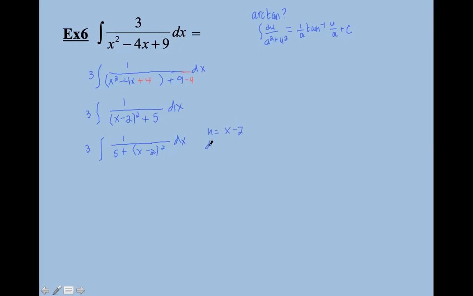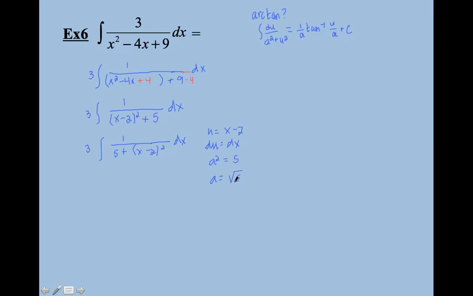Our du is equal to dx, right? Derivative of x is 1 dx. Our a squared, right? It's in this spot. We have something squared plus something squared. So our a squared is being represented by the 5. So that means our a is the square root of 5.